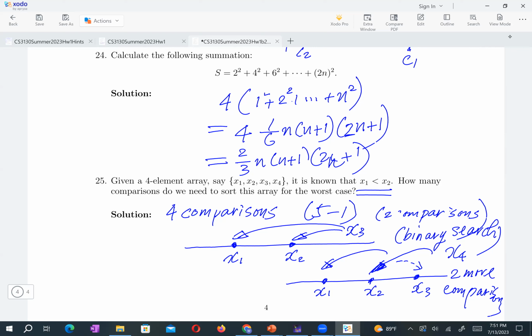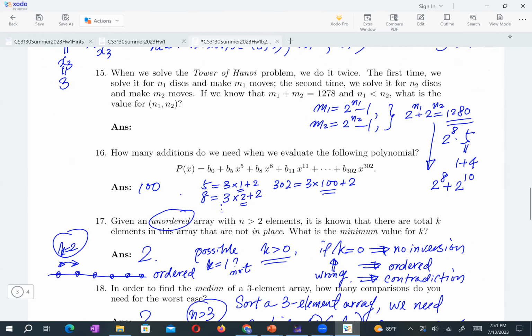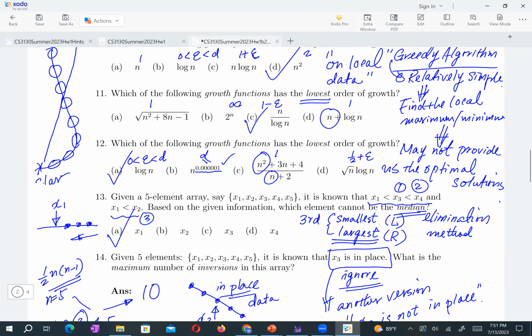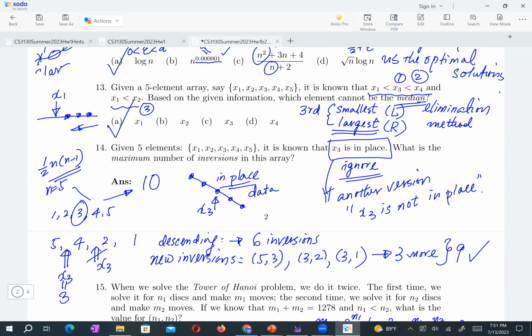Yeah, question. How do you use logic here on question 14, which stated this? Why? In place, same logic.